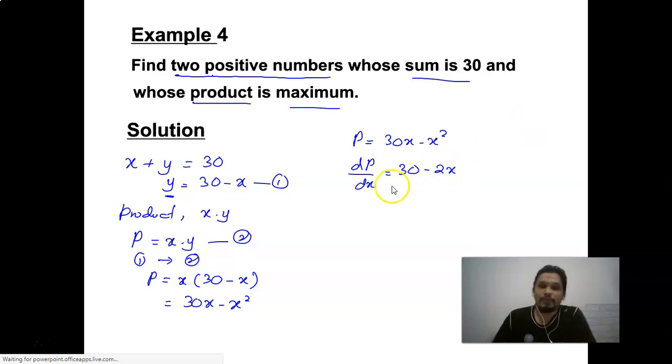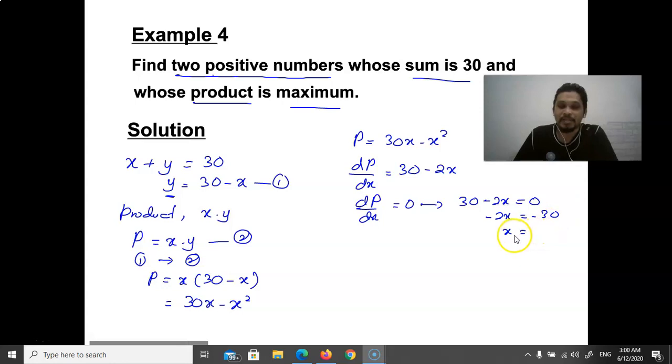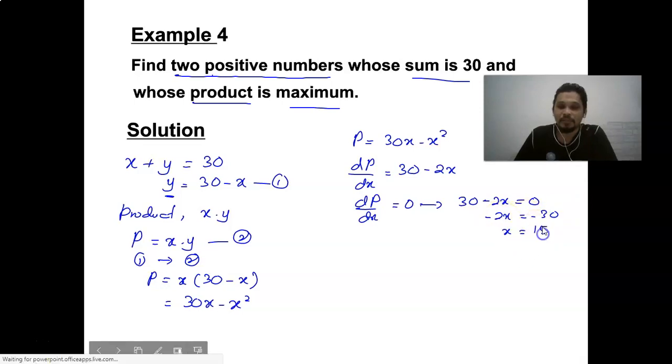From here let's make dP/dx equal to 0. So 30 minus 2x equal to 0, then negative 2x equal to negative 30, then x equal to negative 30 divided by negative 2, equal to 15.